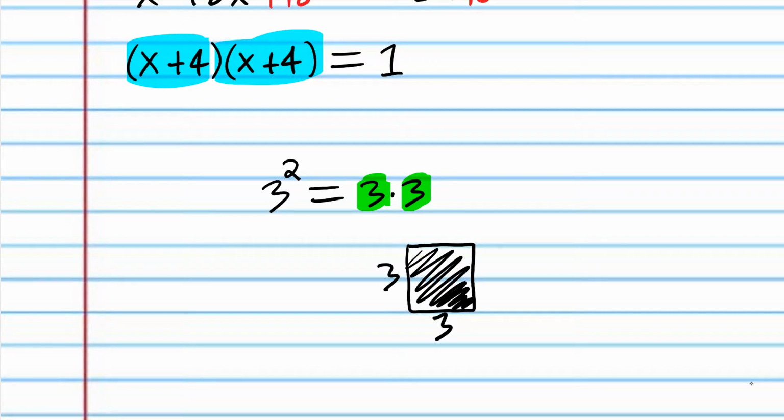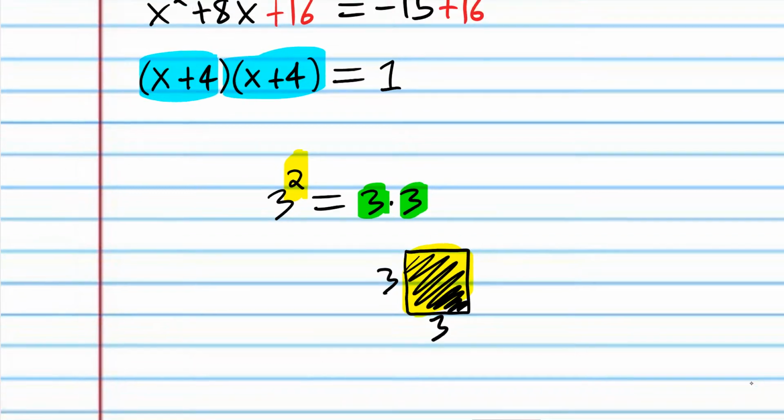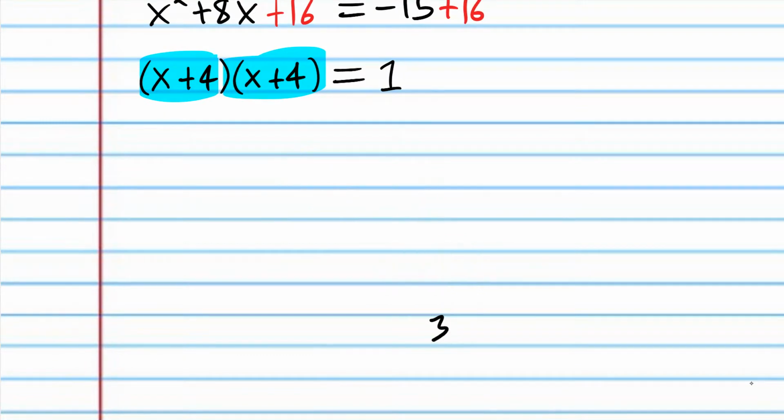That's why when you raise a number to the second power, that's called squaring the number, because you're finding the area of the corresponding square. And so that's pretty much what you're doing with the blue x plus 4s.